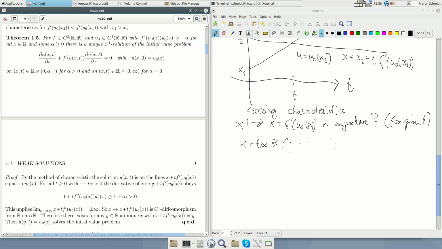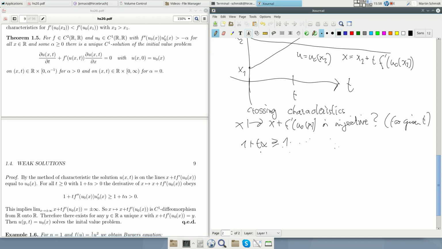This means this derivative has a lower bound of 1. And if we have a real differentiable function whose derivative has a lower bound of 1, then we can conclude that the map x going over to x plus f prime of u0 of x is a C1 diffeomorphism from R to R.